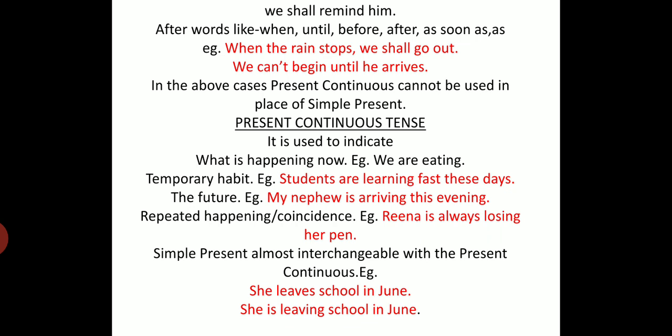If it's a temporary habit: students are learning fast these days. So this is showing that it's a temporary habit, not a permanent one. In case of a permanent habit or a custom, or a repeated action, it would be simple present tense, as I've already shown you in the previous slide.